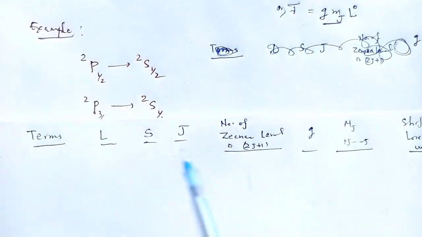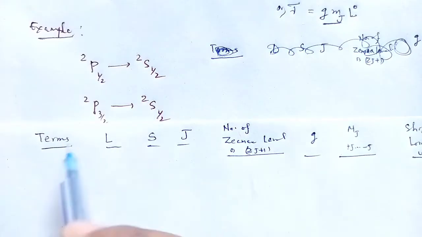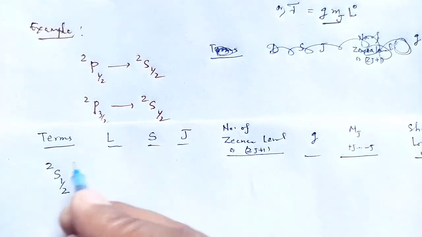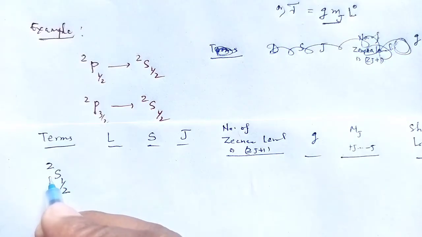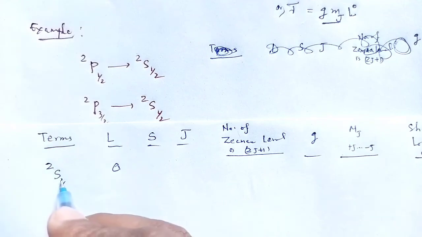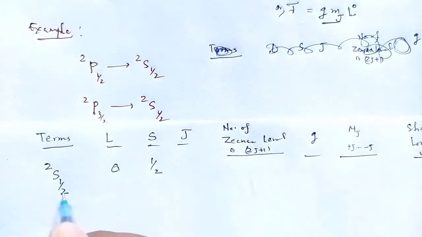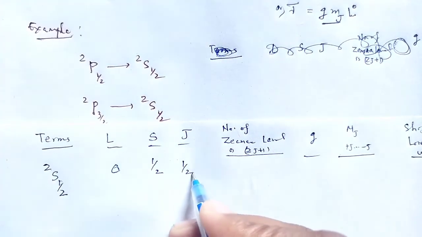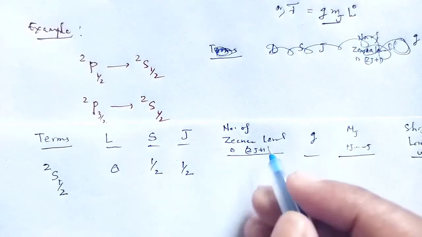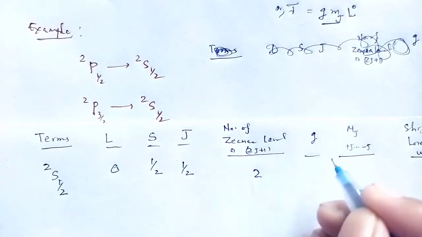So first we take 2s 1/2. Here L is 0, the spin S is half, and J is half. The number of allowed values, 2J plus 1, is 2.